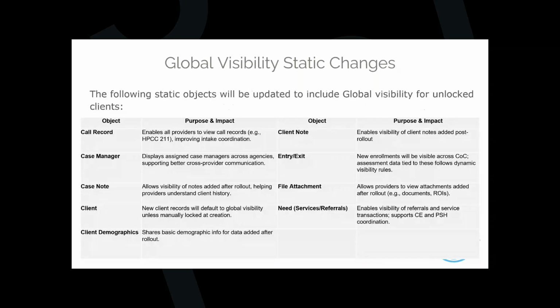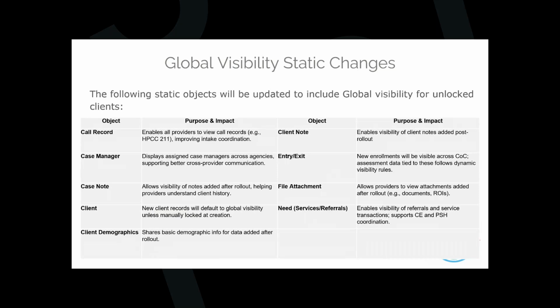Since we went through static and dynamic visibility, let's talk through exactly what's changing with those settings so you can understand what objects in the system you'll now start seeing more information on, or where data is going to start being shared. The first thing is call records.